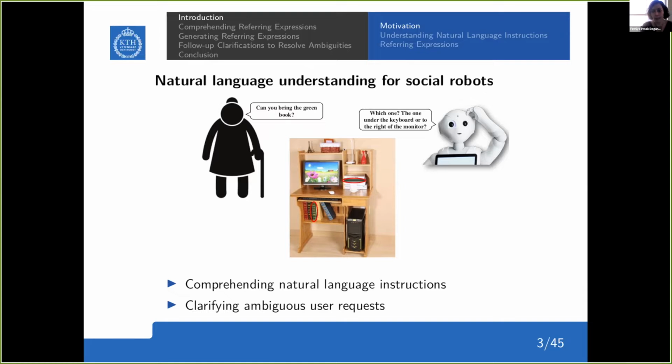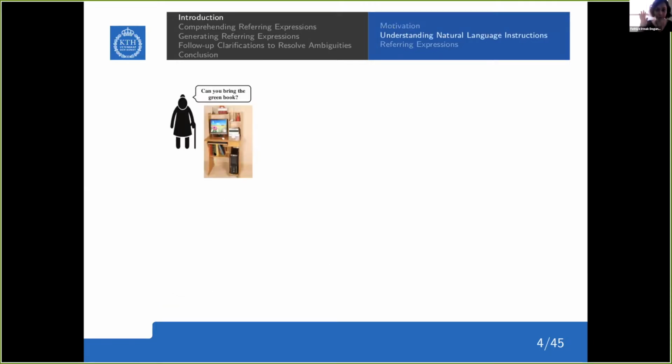Like in here, which one? The one under the keyboard or to the right of the monitor, so that it would understand which object the user actually wants to bring up.